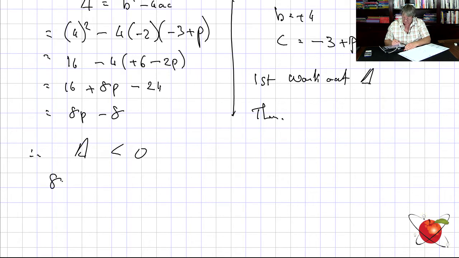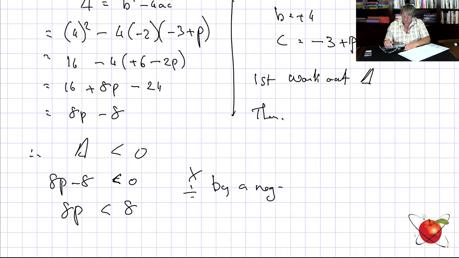Therefore, delta 8p minus 8 must be less than 0. 8p must be less than 8. Take it across. Remember, the sign doesn't change. It only changes if you multiply or divide by a negative.